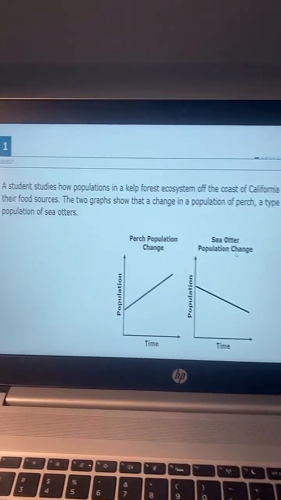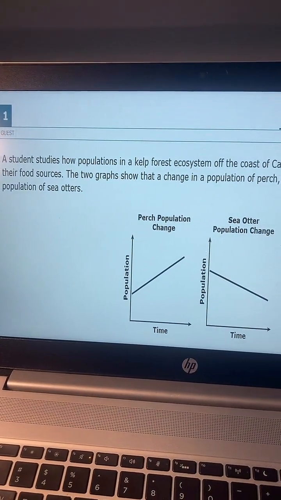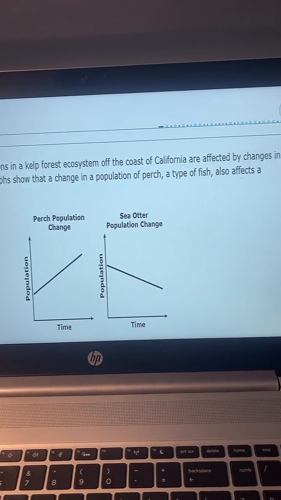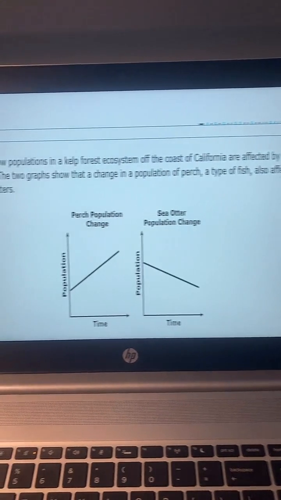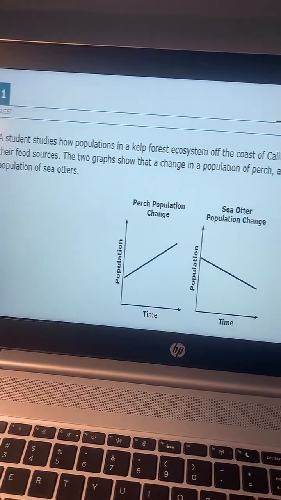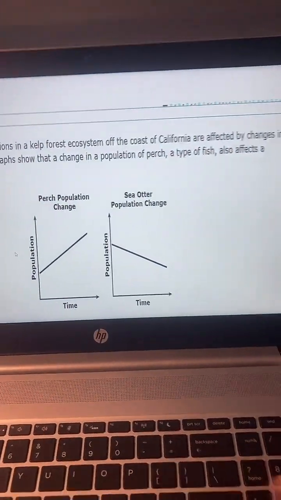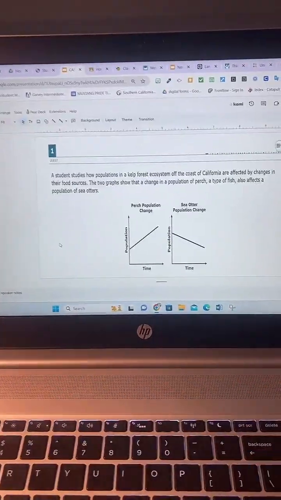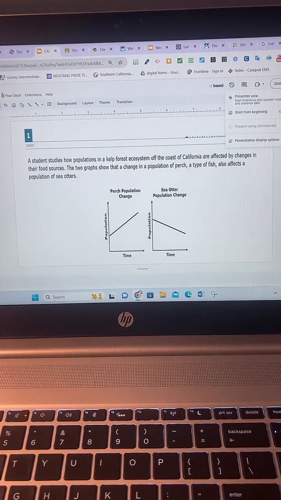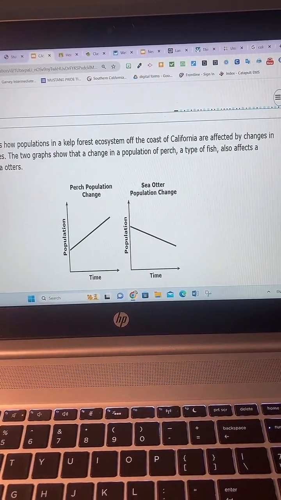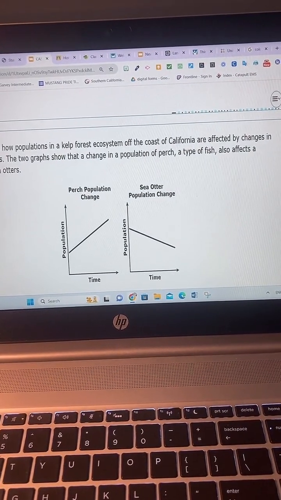So let's start with the test. A student studies how populations in a kelp forest ecosystem off the coast of California are affected by their food sources. The two graphs show a change in population of perch, a type of fish. Actually, one thing I want to do, presenter view, that way I can use the tools, turn on the pen.